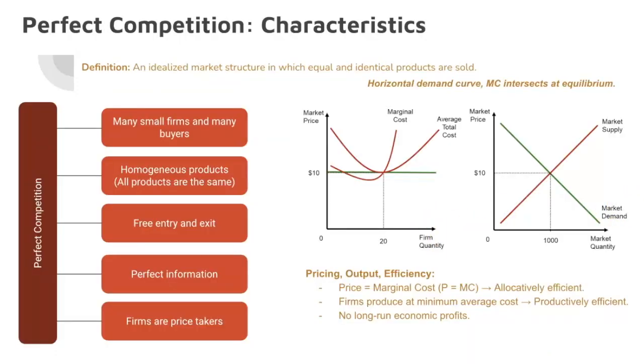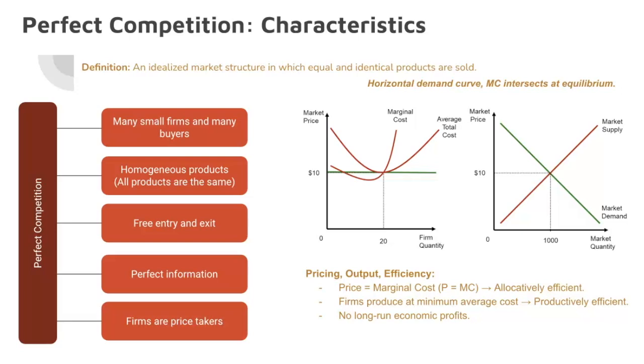Perfect competition. We begin with perfect competition, an idealized market structure that serves as a benchmark for evaluating other markets. Perfect competition is characterized by five key features. First, there are many firms and many buyers, meaning no single participant can influence the market. Second, products are homogeneous, completely identical, so consumers have no reason to prefer one seller over another.